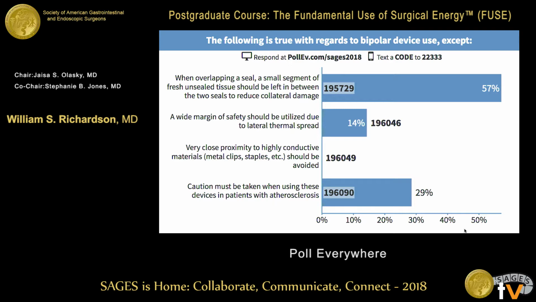And with atherosclerosis, if you're using it on a vessel with atherosclerosis, that will potentially keep the vessel open rather than allow it to seal. And certainly if you're using it in the proximity of metal, that's going to cause very, very high temperatures and increase spread of heat and potentially cause a complication such as a leak or something.